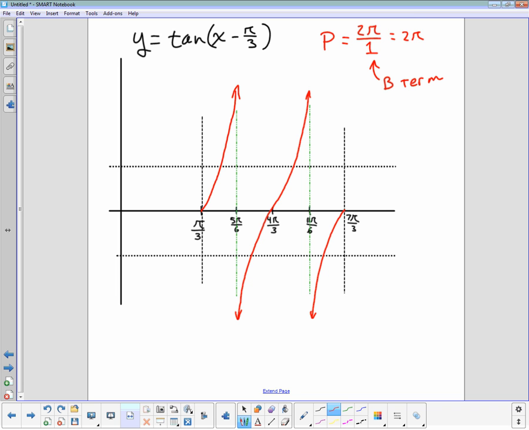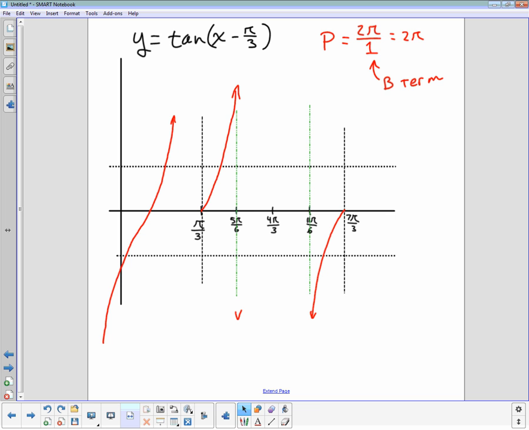Okay, now, I've seen all kinds of abominations when it comes to what a tangent wave looks like. Here's a good guiding principle. Because some people, they'll give me stuff that does this. Excuse me. I'll see this. And I'm like, no, not really.